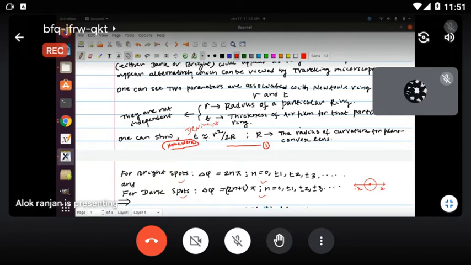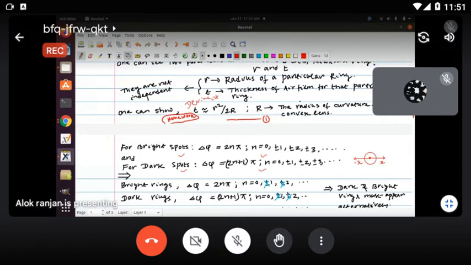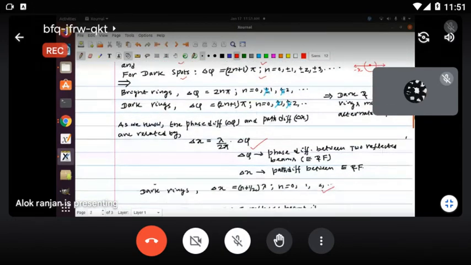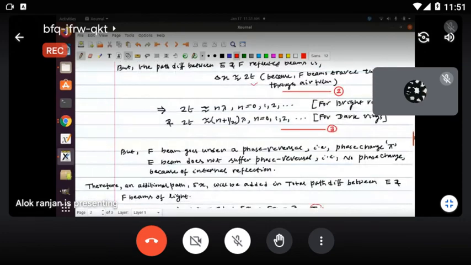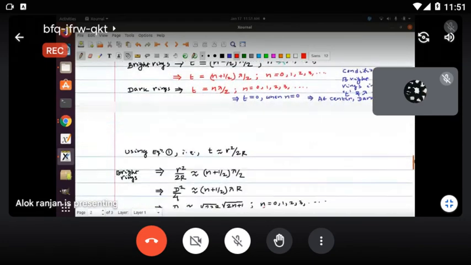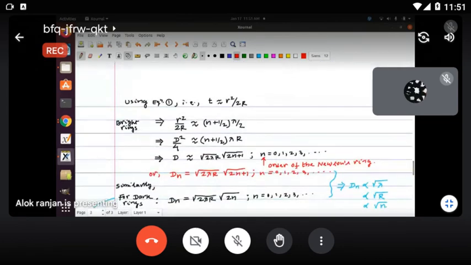In fact, you'll find this in your assignment. This will be one of your problems, which I have not posted yet. Probably I'll post it very soon. So by using that relation, you can convert the thickness of the air film in terms of the Newton's rings radius.